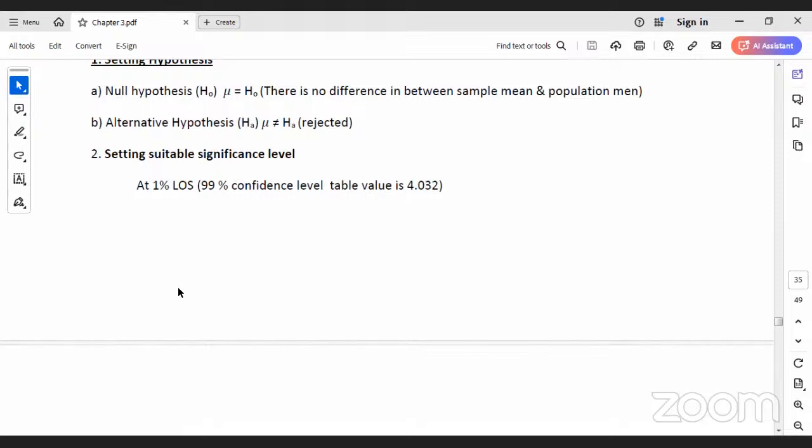This 4.032 I have simply taken from the table, which is there in the last pages of a statistical methods book.